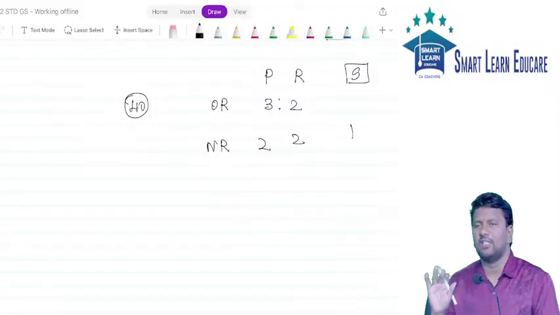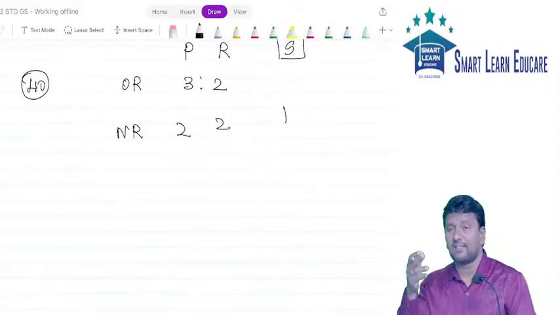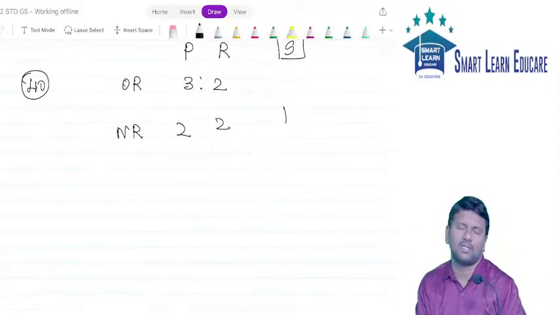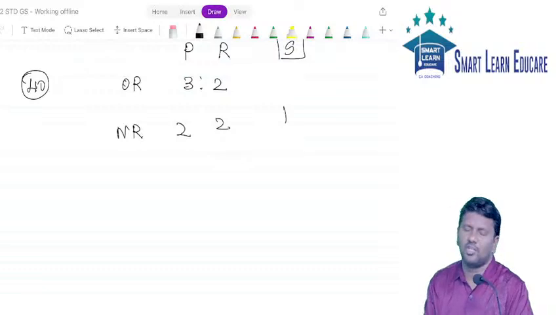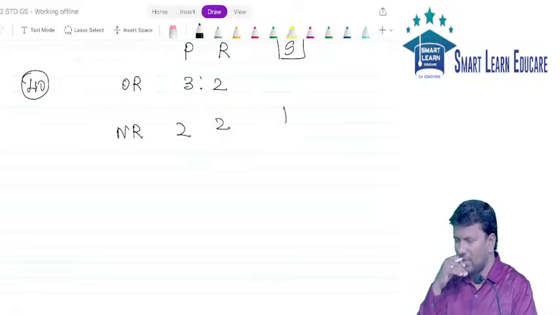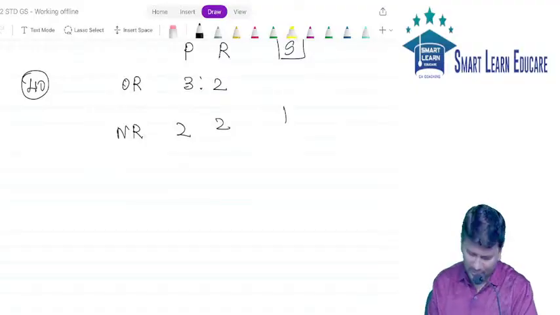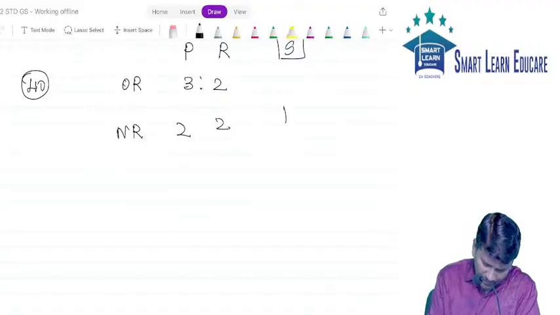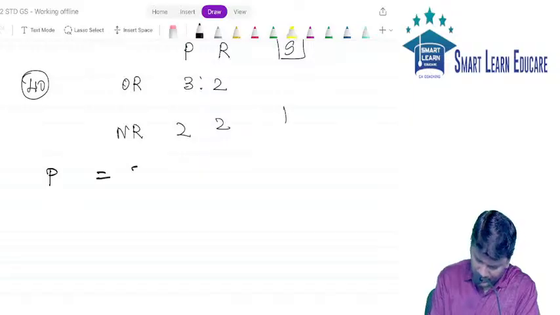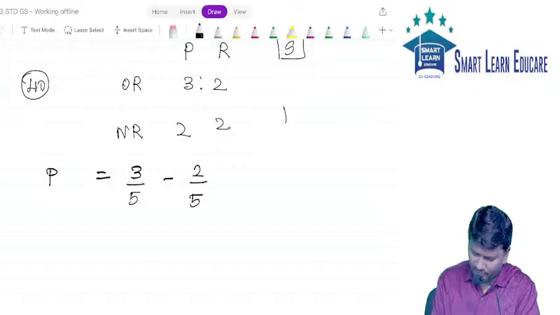So first find the sacrifice of each partner. We learned in the previous class what is meant by the sacrificing ratio: old ratio minus new ratio. If you get the sacrificing ratio in negative, it means that partner is gaining. So first, for P, we calculate: 3/5 minus 2/5 will give you 1/5.